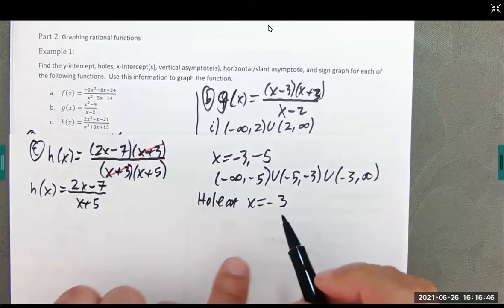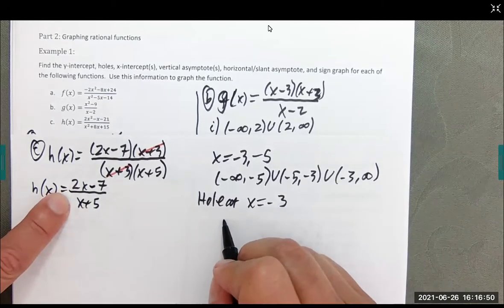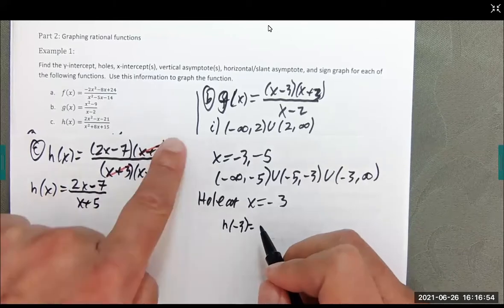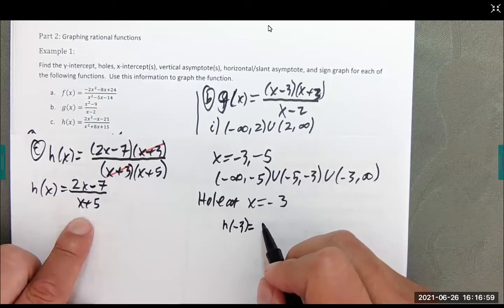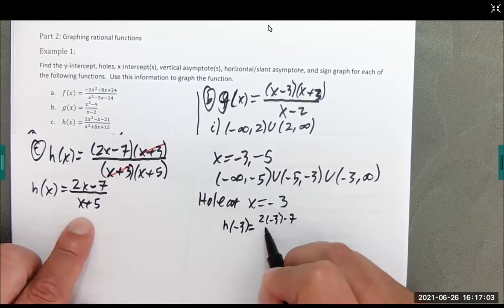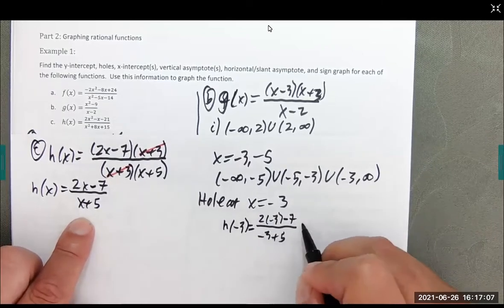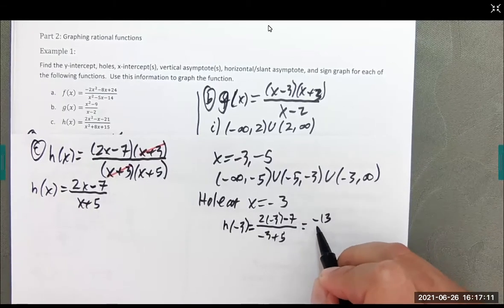Now, when I put -3 into here, h of -3, now that we've reduced them out, we can see what that would be if it were an actual point, but it's not, it's going to be a hole. So 2 times -3 minus 7 over -3 plus 5. -6 minus 7 is -13 halves.